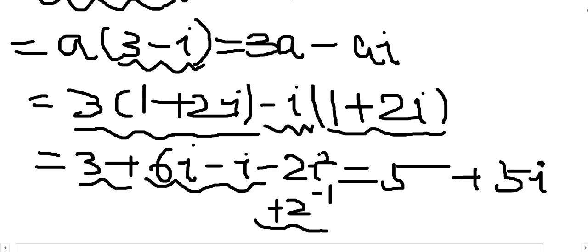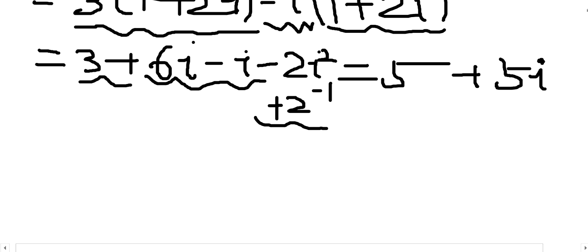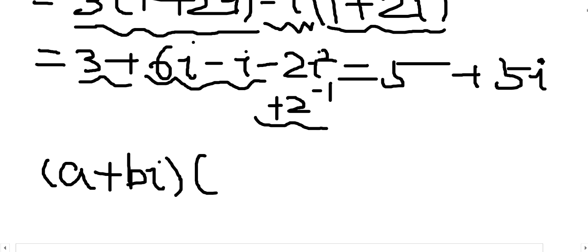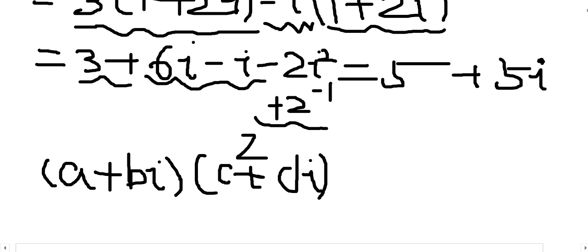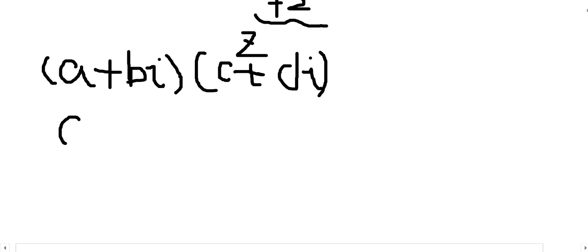Now this is the basis of the calculation of multiplication of complex numbers. If we want to generalize it further to the multiplication of a complex number a plus bi times another complex number c plus di, all we do again is suppose this complex number is z, and we do the same thing again.